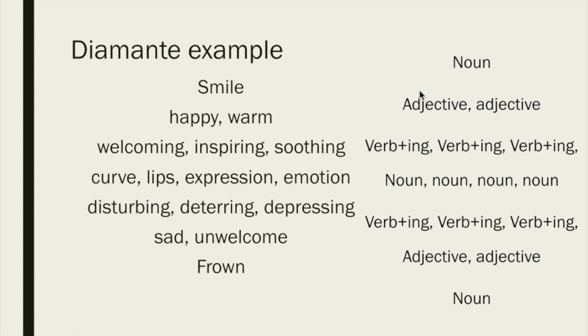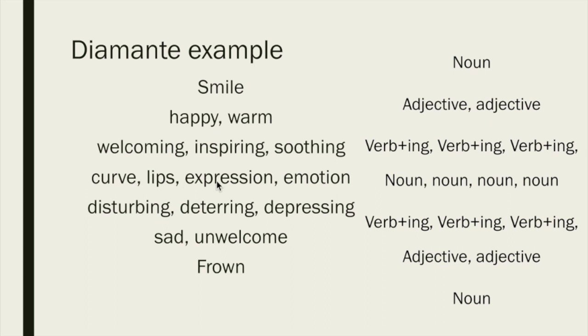Then I need to think of 3 verbs with ing, 3 ing words to explain smile. A smile, welcoming, inspiring, soothing. And 3 verbs with ing to describe the frown: disturbing, deterring, and depressing.